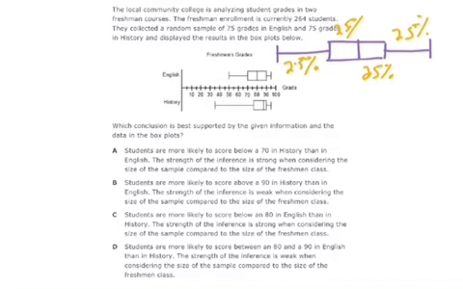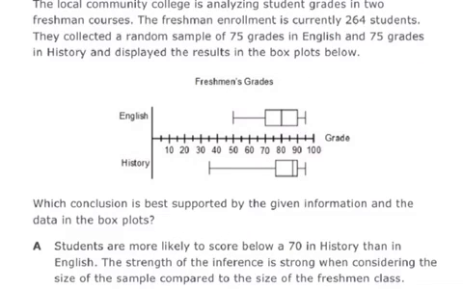Answer A says students are more likely to score below a 70 in history than in English. Okay, well let me go to the zoomed in version. That means 70 is right here. And it says history is going to have more students that scored below a 70. Well, remember that the first whisker represents 25%.